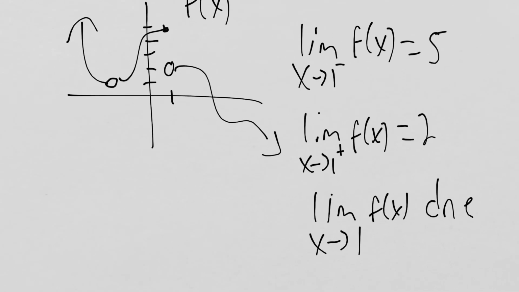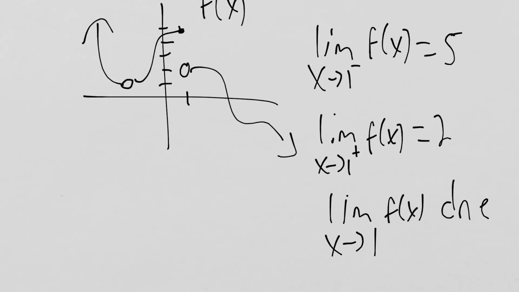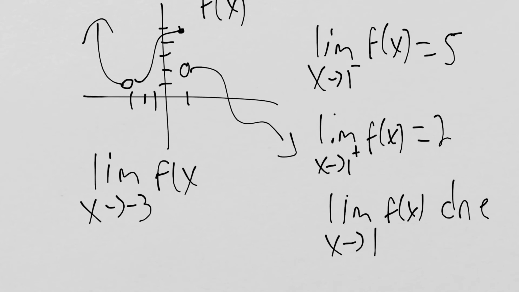All right? Whereas if we were to do the limit as x approaches negative 3, okay, from the left and from the right, we're approaching the same hole here, but the graph is approaching an output of 1, so we would just say that this limit is equal to 1.